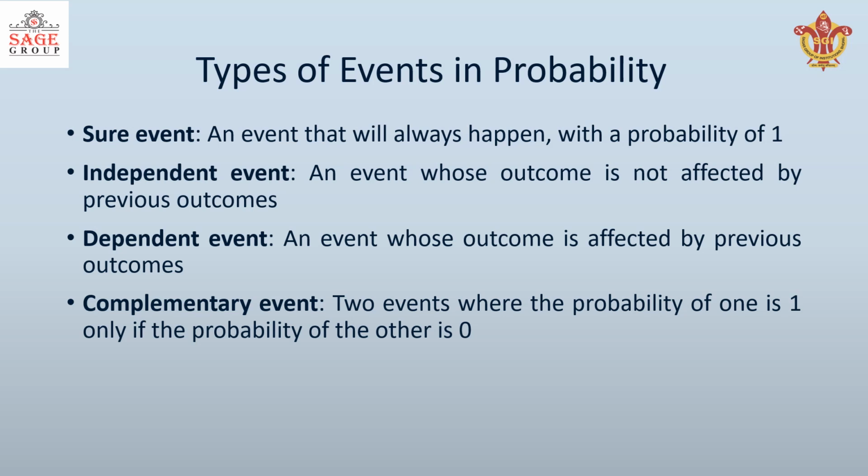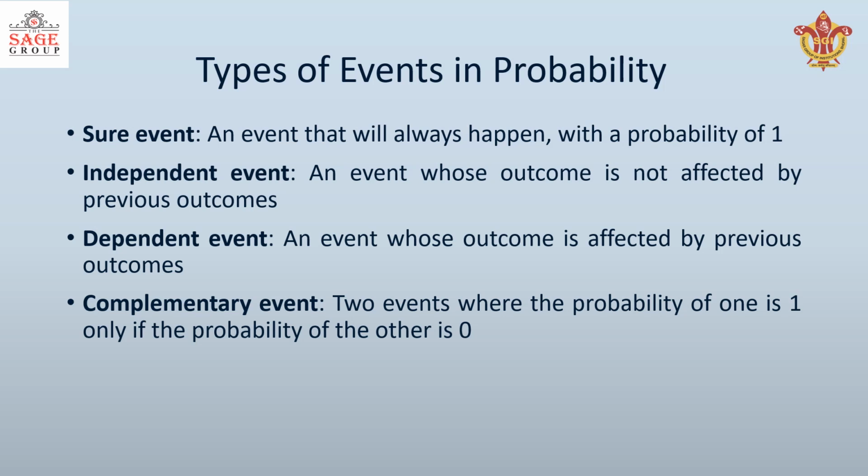Next, I come to complementary events. These are two events where the probability of one is 1 only if the probability of the other is 0. Now, what does it mean? It means that suppose I'm talking about tossing of a coin.